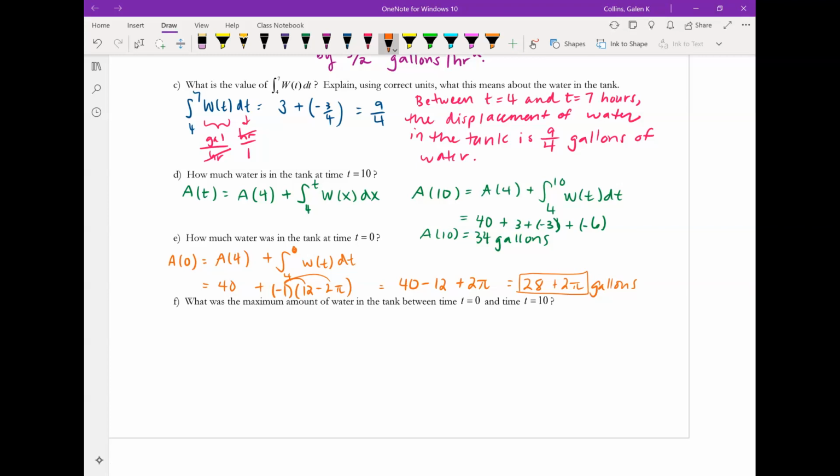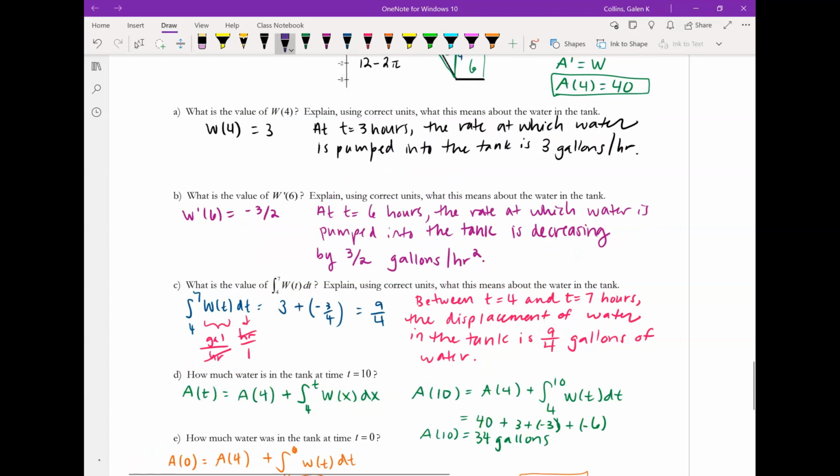All right, lastly for part F, what is the maximum amount of water in the tank between t equals 0 and t equals 10? So again, we're asked an absolute max problem. We're asked to find the absolute maximum amount of A. And again, A is the variable that we had to define for ourselves. So I know to find critical values of A, I need to know where the derivative of A, which is W, equals 0.